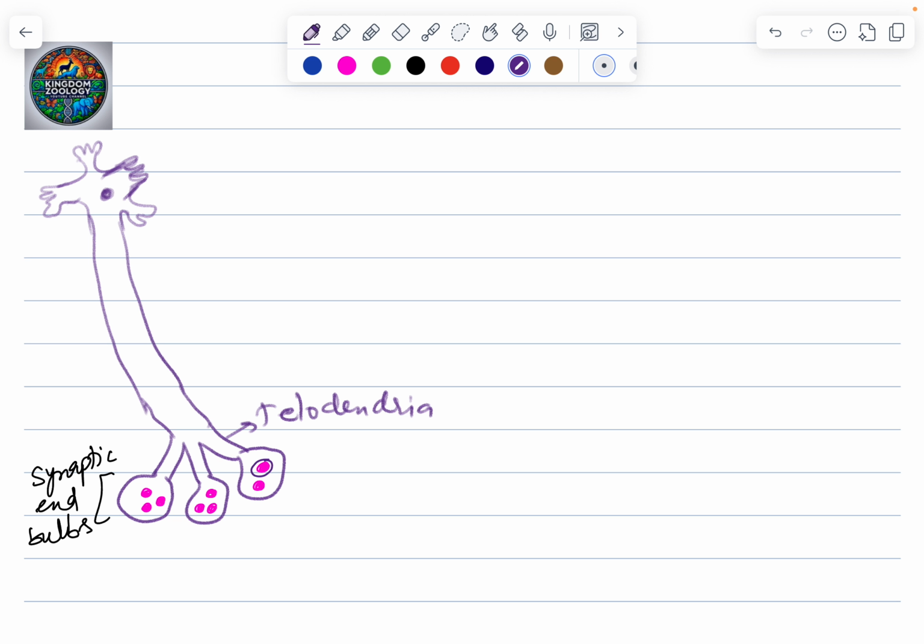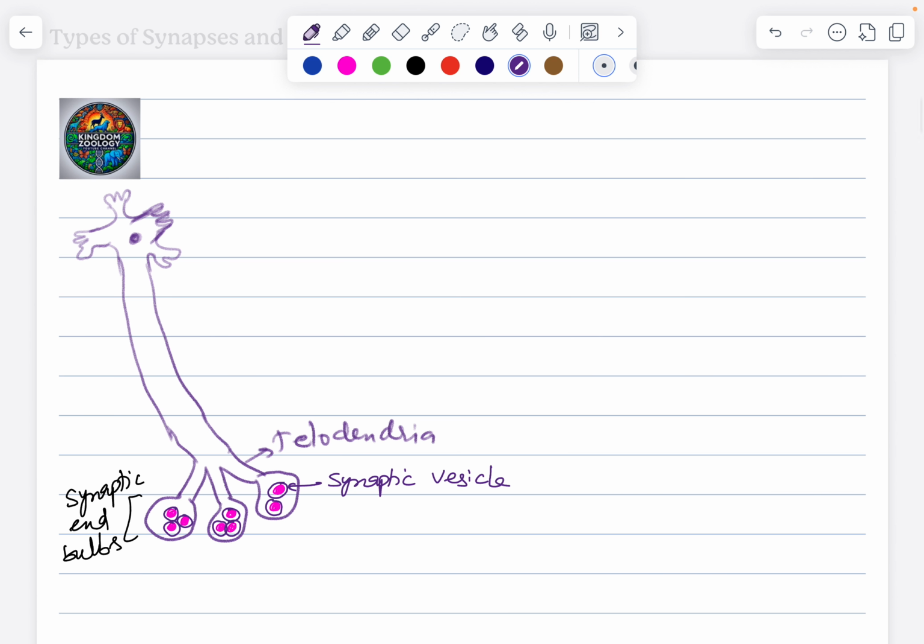The lipid enclosed neurotransmitter chemicals are called the synaptic vesicles. Here is the synaptic vesicle. So this was our discussion in the previous video.